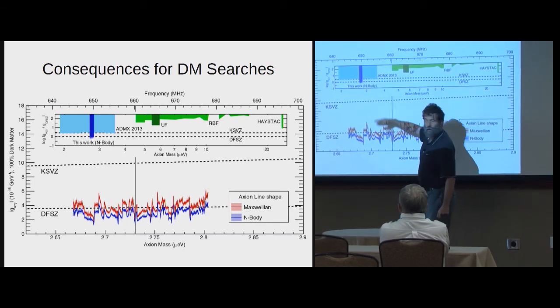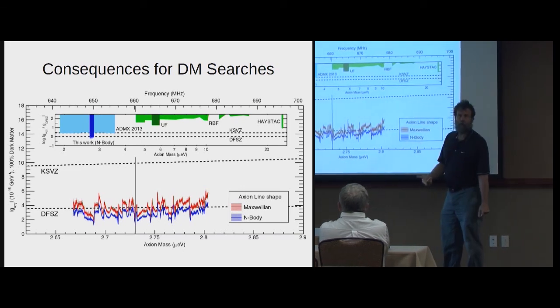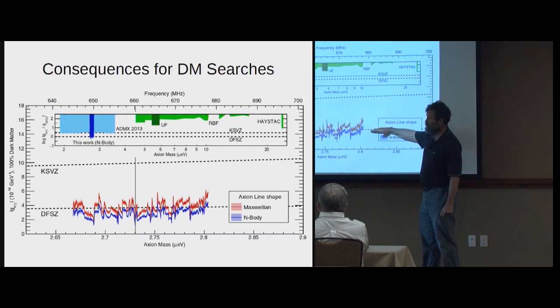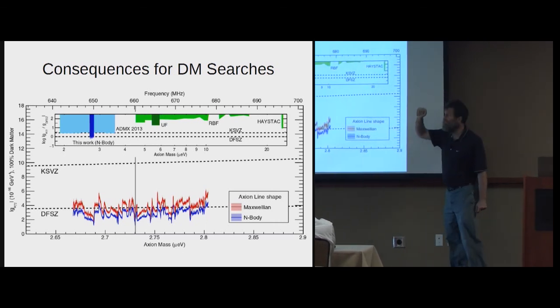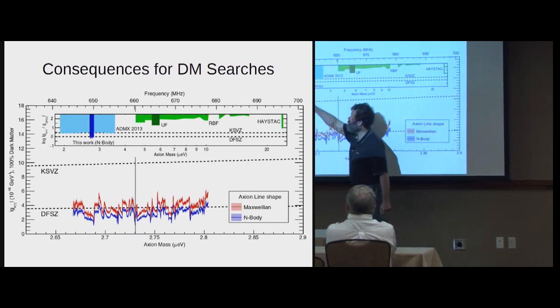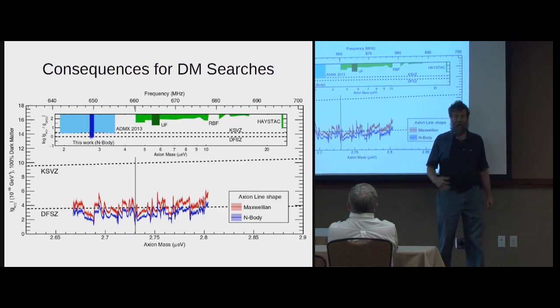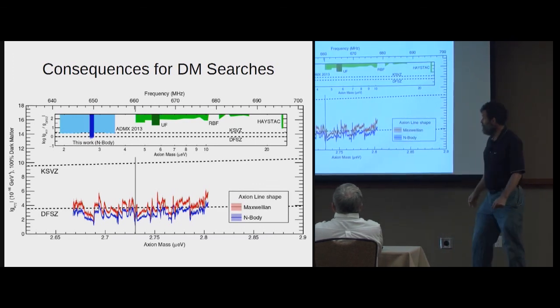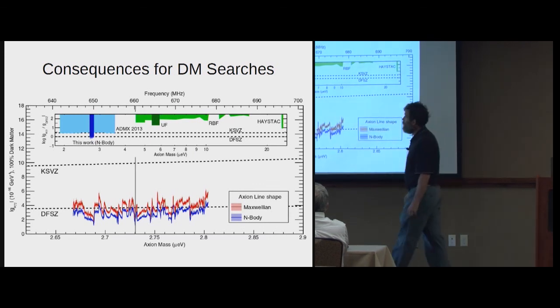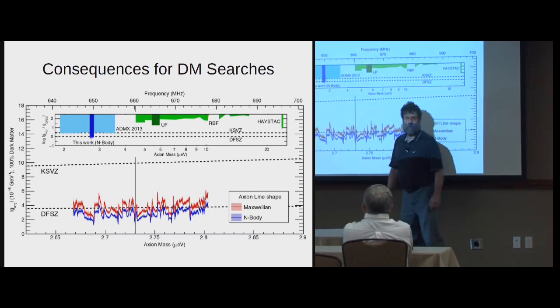The lines are two minimal coupling models, one where it couples only to hadrons, the other where it couples both to leptons and hadrons. And so the experiment has been able to rule out a certain mass of axions as a potential dark matter candidate with the help of our simulations.